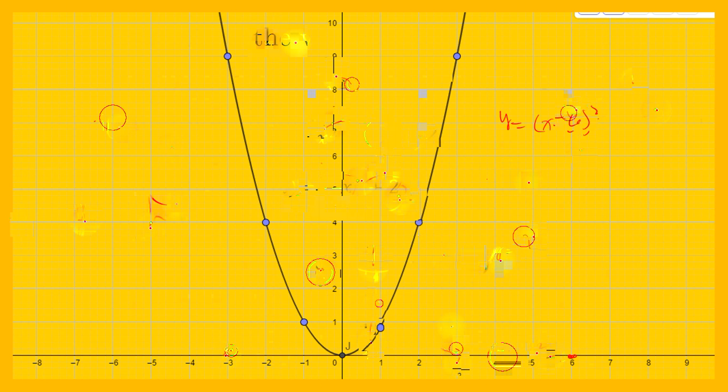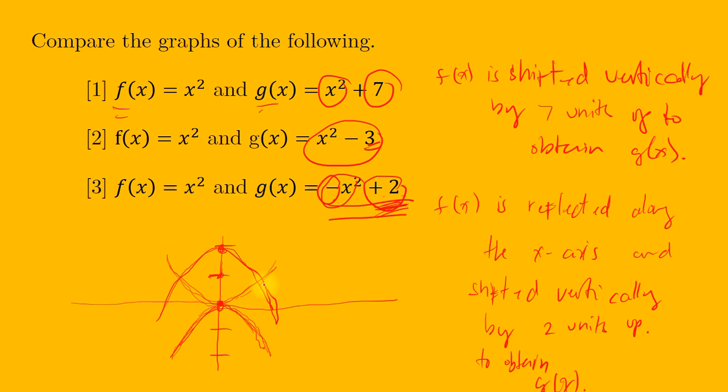So it will be 1, 2. So the final graph will look like this. So x squared is being reflected along the x-axis, and now being shifted vertically by 2 units up. That's 2 units, that's 2 units, that's 2 units. Okay, so that's the idea there.